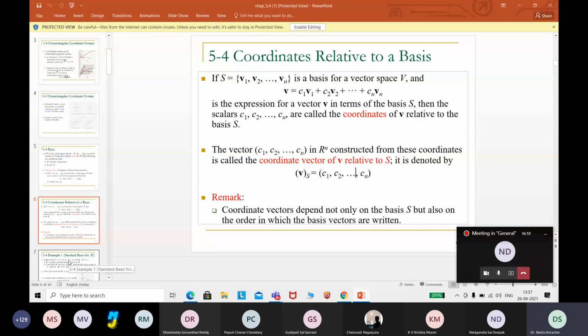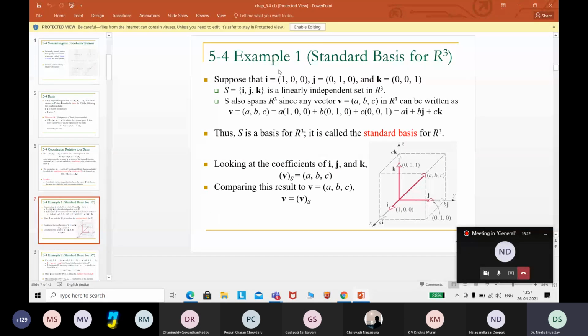Okay, so let us have a very simple example of i, j, k. This is what you have. Now I am telling that I have a vector in R3 and this is just a unit vector. In R3 means 3 components will come. It's a unit vector, no? So first magnitude is taken as 1, 0, 0, 0, 1, 0, 0, 0, 1. Now I have to check whether it is a basis or not for R3. So there are two conditions.